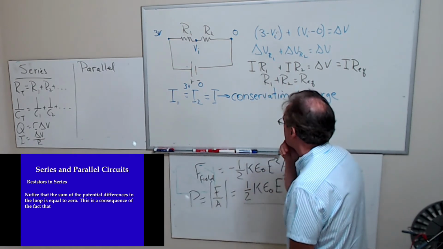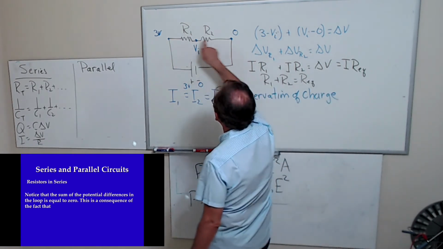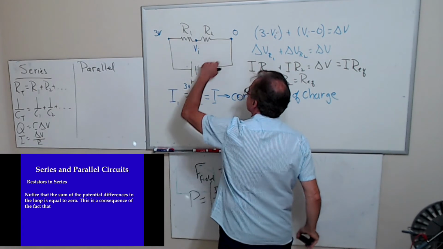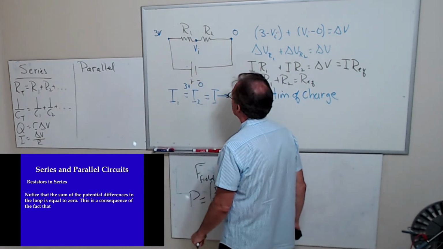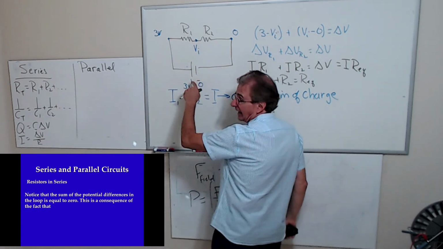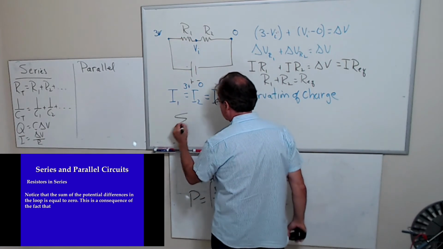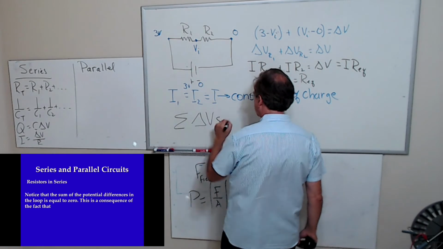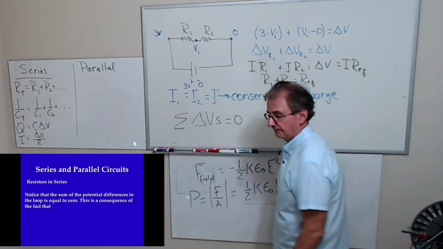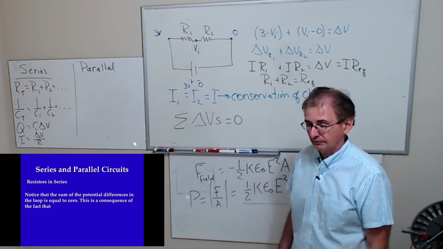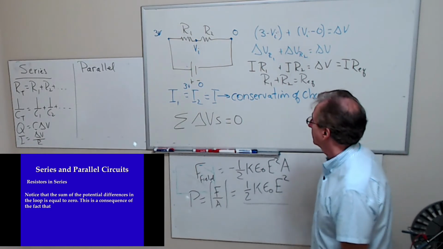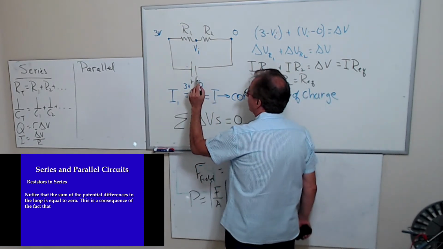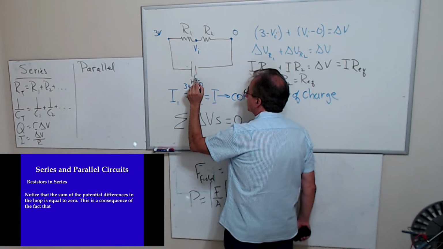So one of the things I want you to notice as I go around this loop, remember what the loop is, just a closed path, is that if I sum the delta V's in this loop, I get 0. In other words, I go from 0 to 3 volts.